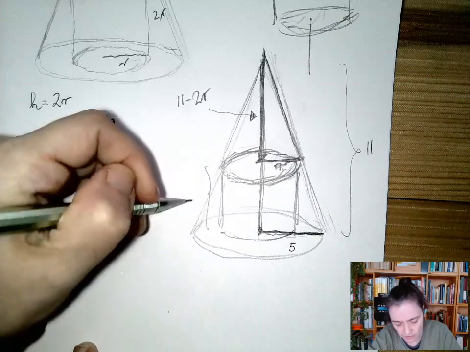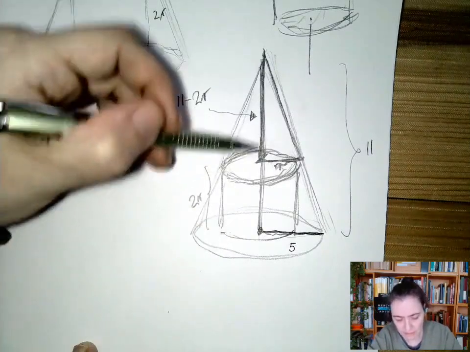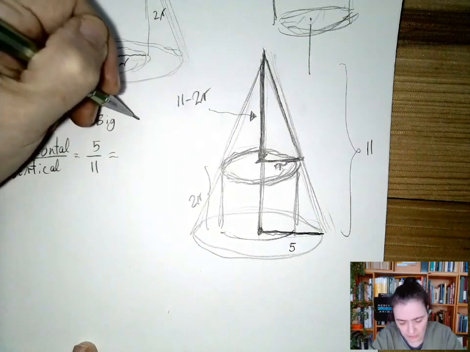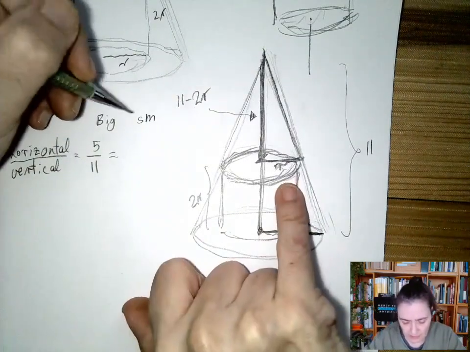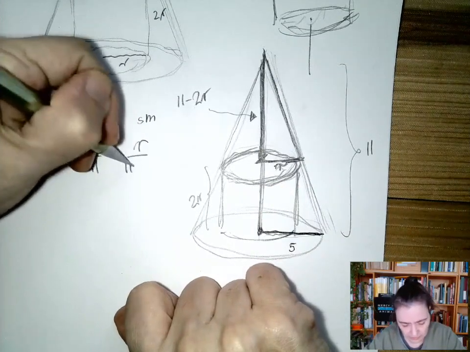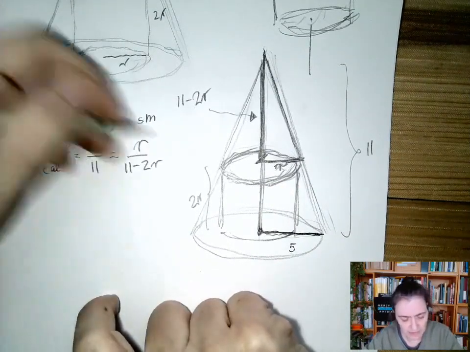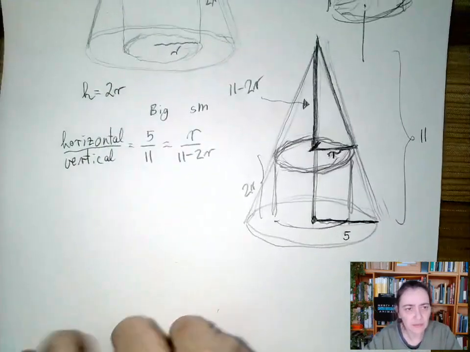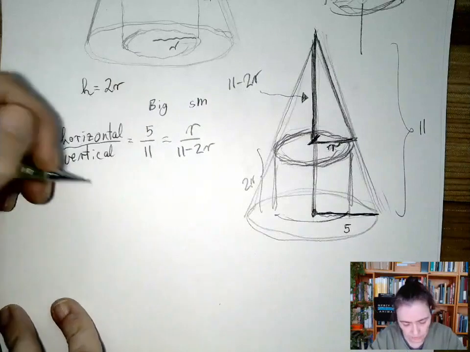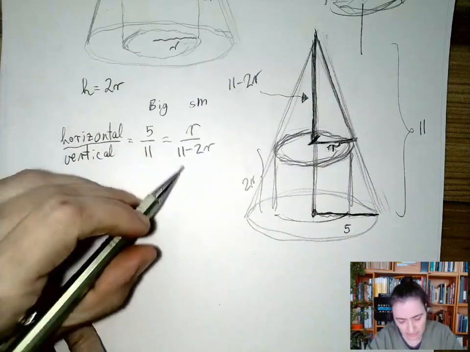Because this here is 2r, and so this is 11 minus 2r. So that same ratio in the smaller triangle is horizontal over vertical, r over 11 minus 2r. And that is our equation. After cross multiplication, it's linear in r. So we're going to be able to uniquely solve fairly easily.